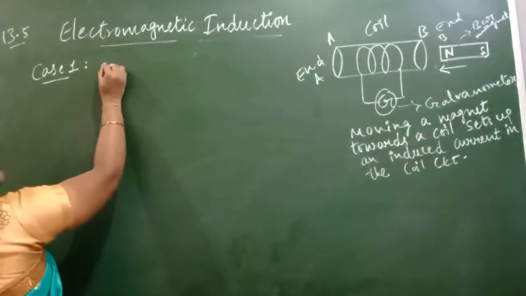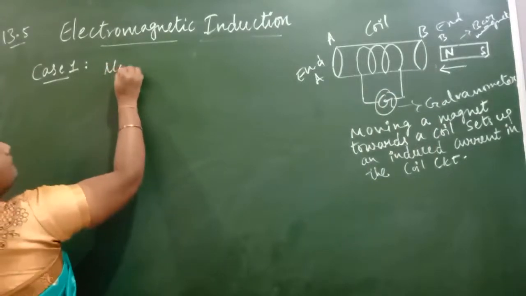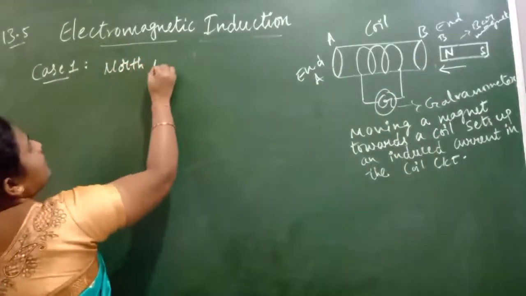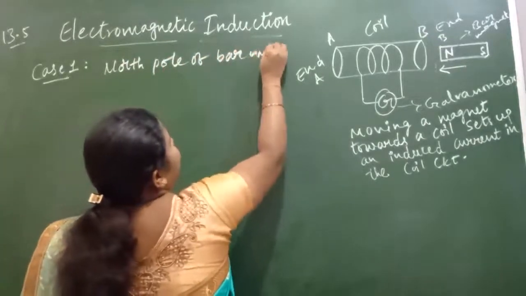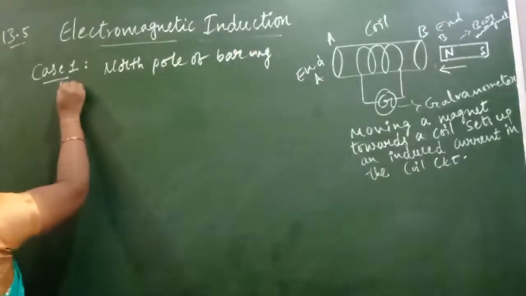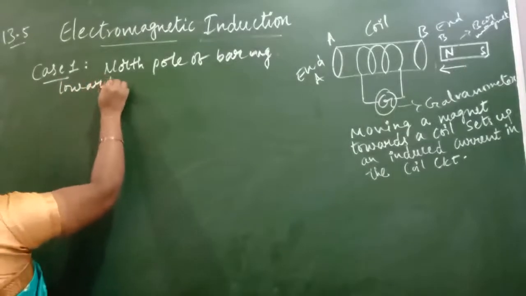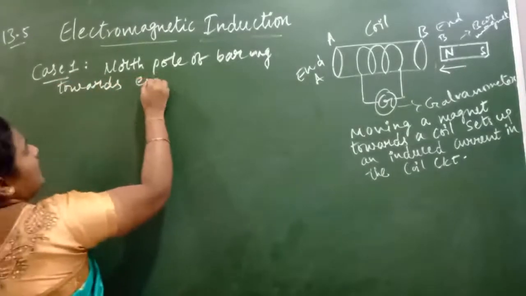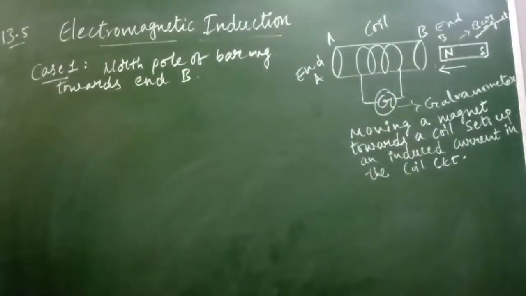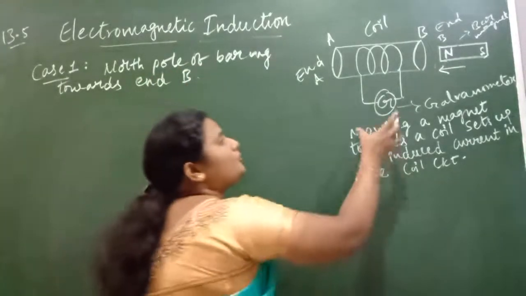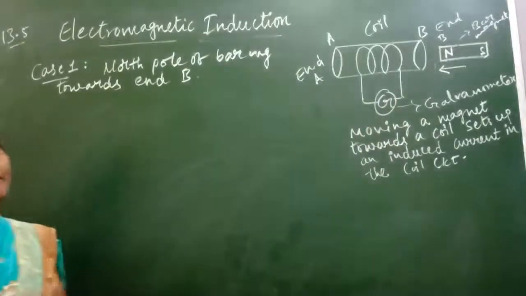That is, when we bring a north pole of the bar magnet towards end B of the coil, we have to observe changes in the galvanometer.